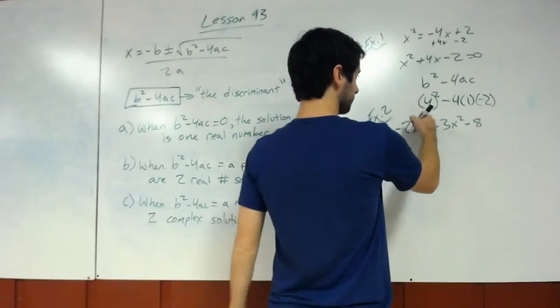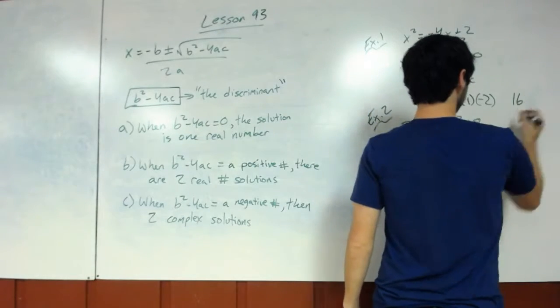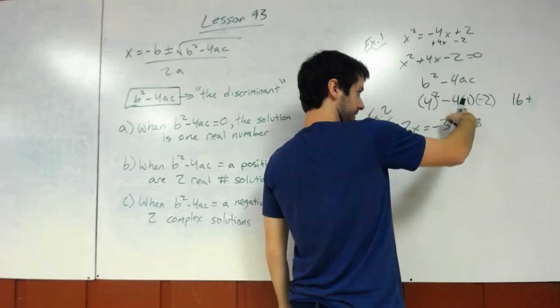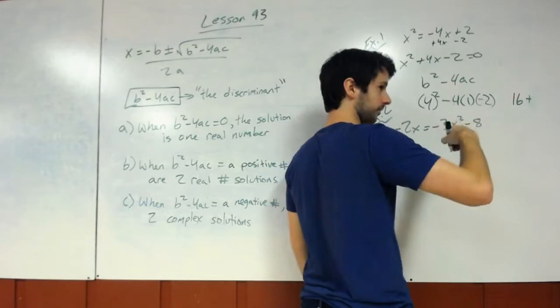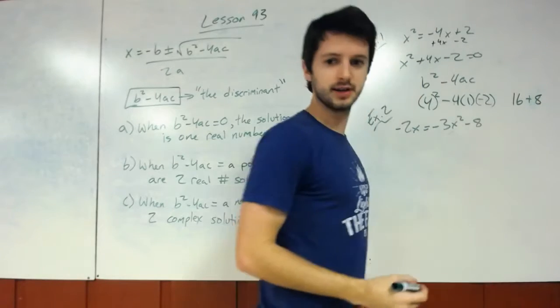So 4 squared would be 16. 16, negative 4 times 1 is negative 4. Negative 4 times negative 2 is positive 8. So our answer is 24.